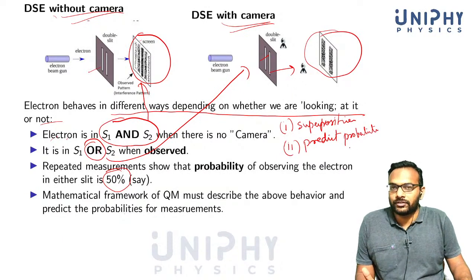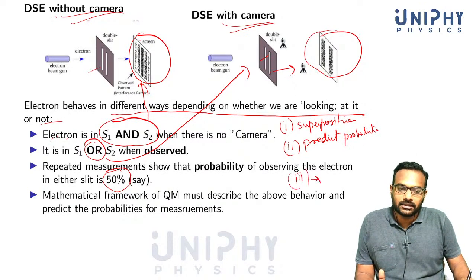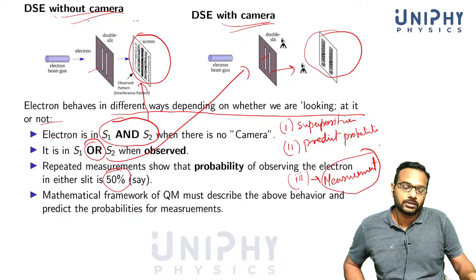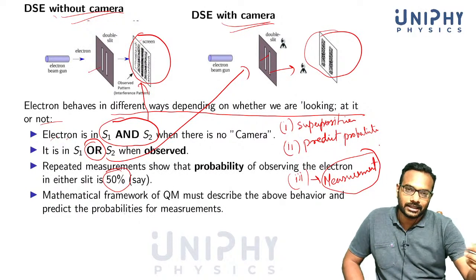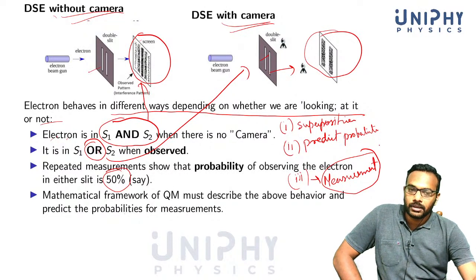For example, this 50-50, the theory should predict that you should get 50-50. And third, this may not be included in the mathematical framework, but it should tell us what happens when you make a measurement. When you are looking at the electron, it's never in superposition, it's always in one of the possible states.